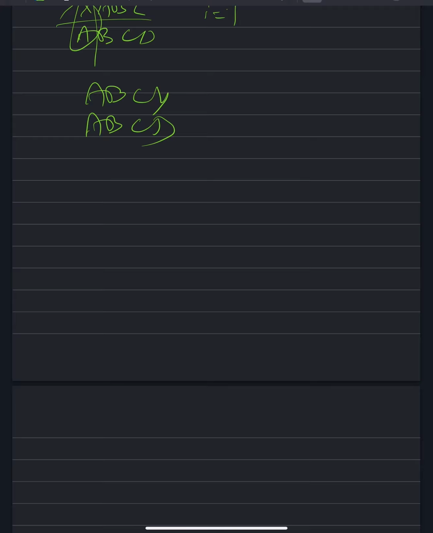Let's suppose, for example, the pattern is A C A. In this case the LPS is 0 1 2, and it's 0. Because we are checking, 1 2 3 3, okay, this is the answer.